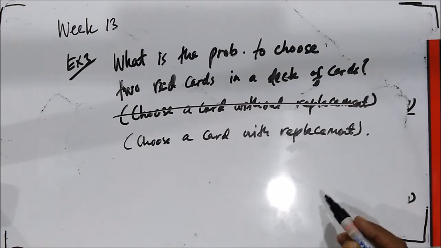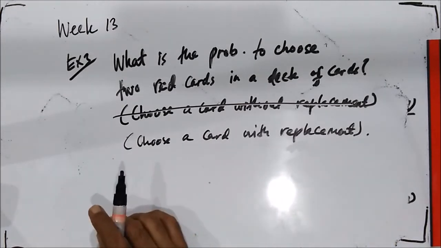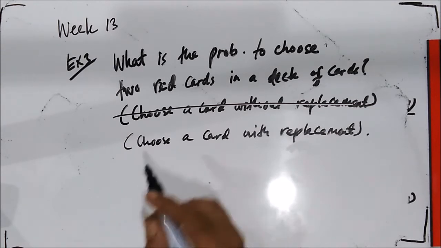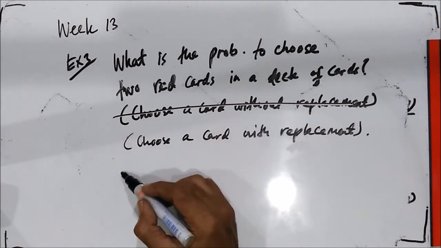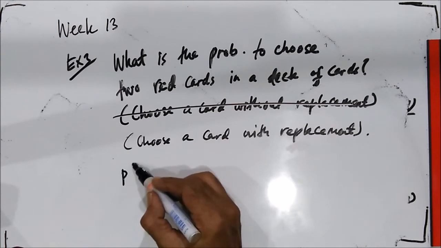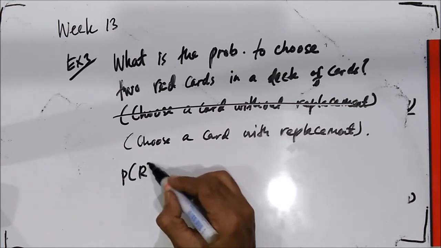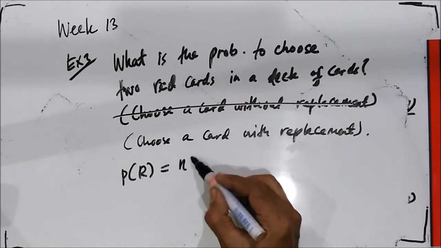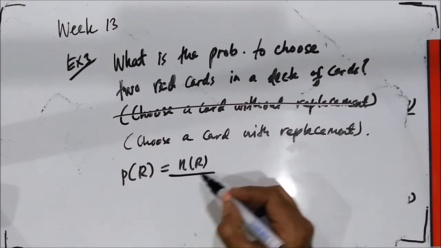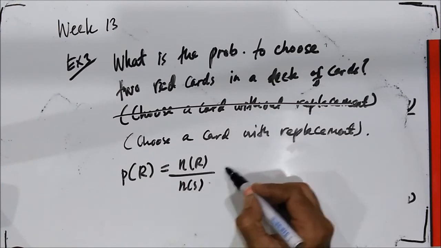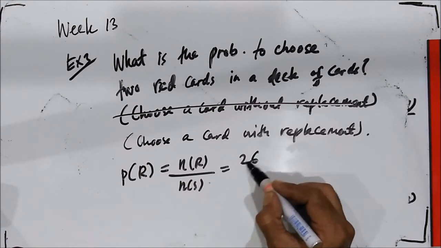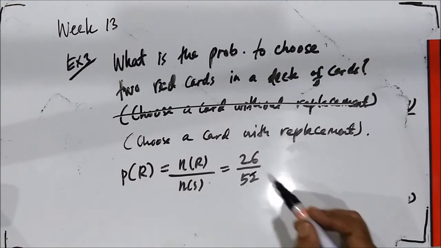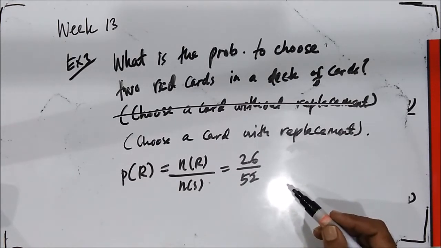So the probability of getting a red card in the first selection from a deck of cards is 26 red cards over 52 cards overall, so 26 over 52.